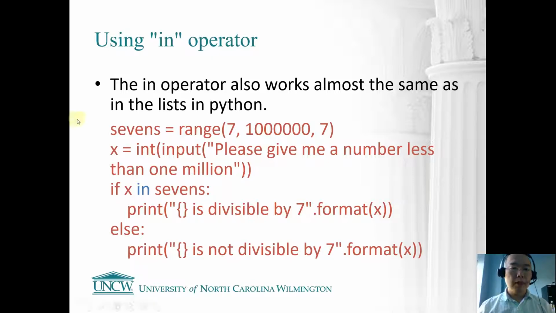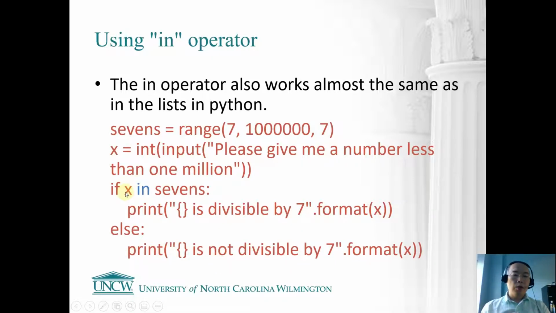After that, we ask the user to type a number less than 1 million. If that value is in this range, what does this mean? That number is evenly divisible by 7. So if that is true, we say this number is divisible by 7. Otherwise, we say this number is not divisible by 7.